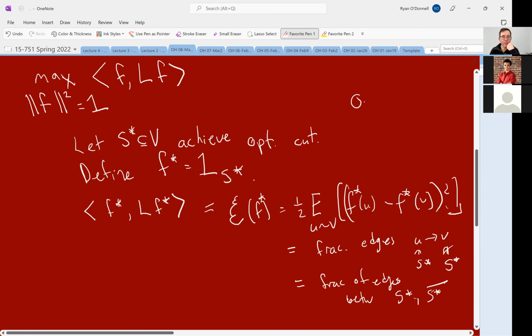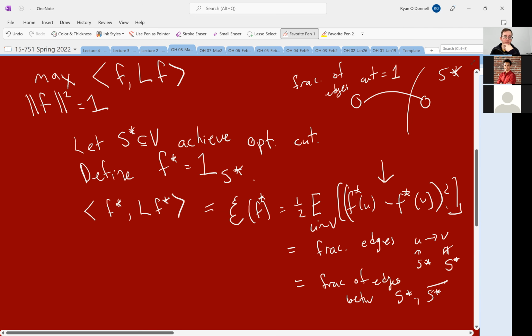Let's say the whole graph is this graph, and let's say this is S star. So the fraction of edges cut is 1. And what is this expression?